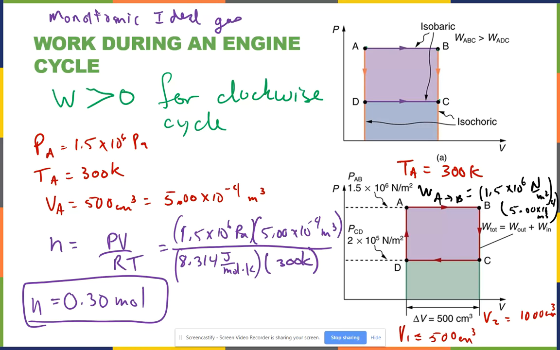I don't have the heat yet. What do I need to know to get the heat? The change in internal energy. So if it's a monatomic ideal gas, I didn't give you an equation here.